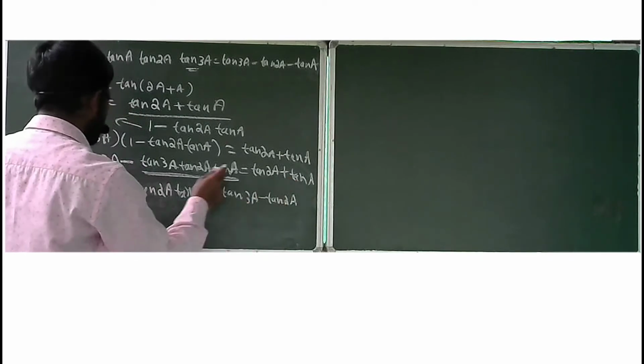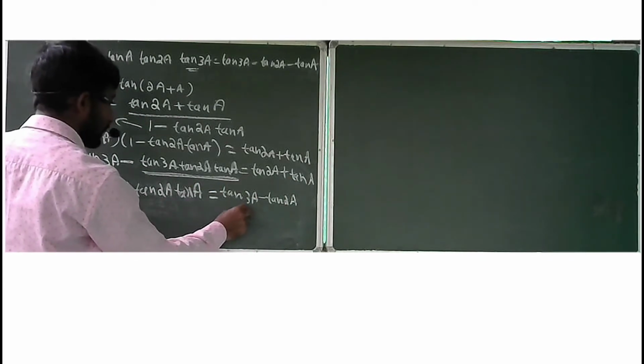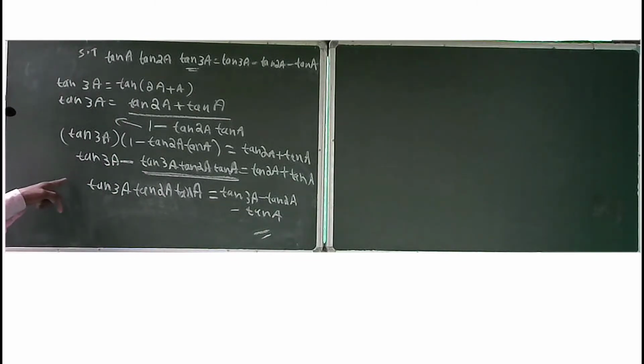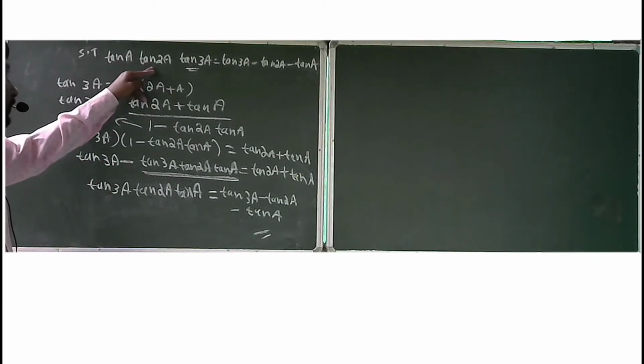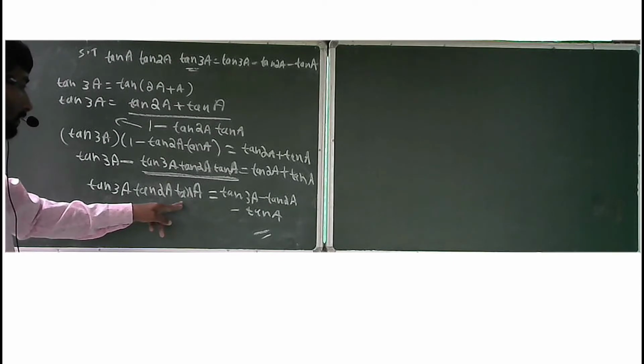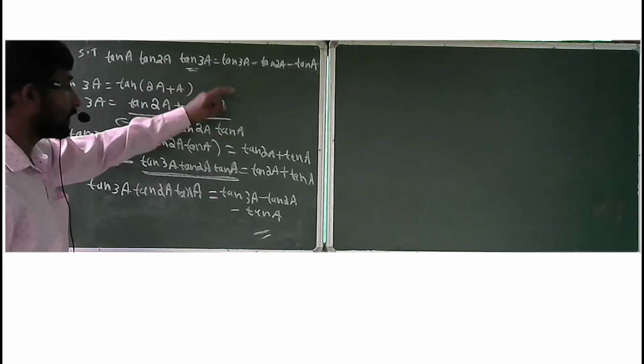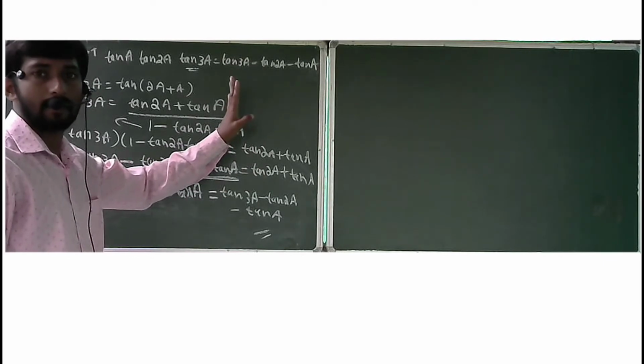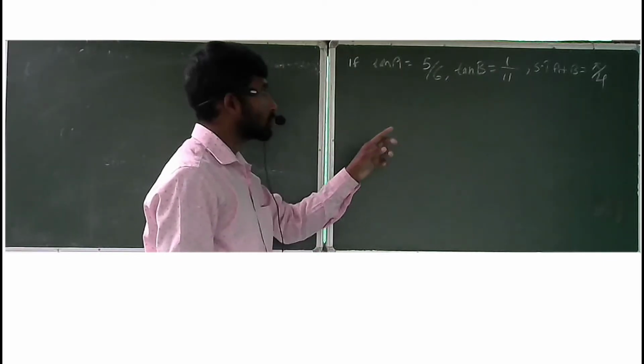Take plus tan a to the LHS, that will become minus tan a. This is nothing but the given question, right? Prove that tan a into tan 2a into tan 3a product equal to tan 3a minus tan 2a minus tan a. Clear?